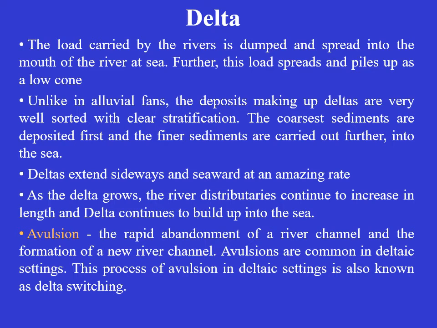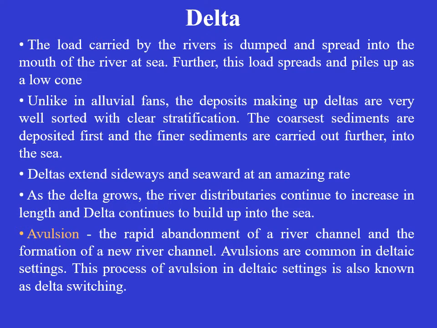So the sediment supply and deposition rate should be much higher compared to the rate of dispersal by waves and currents. If that happens, a typical landform occurs which looks like the Greek letter delta, and from that the name delta is given.